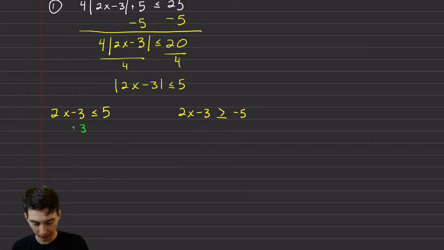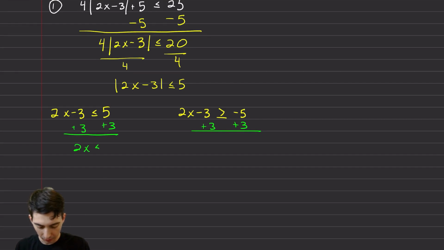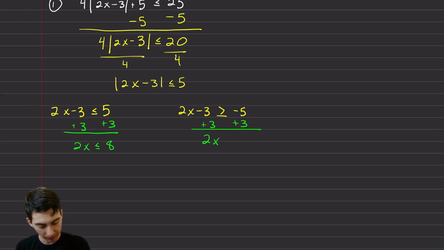So now let's go ahead and solve these two linear inequalities now. I'll start by adding 3 so that I can work on getting the x by itself. So I have 2x is going to be less than or equal to 5 plus 3 will give me 8. And 2x is going to be greater than or equal to negative 5 plus 3 will give me negative 2.